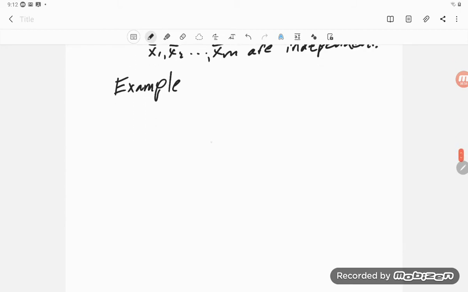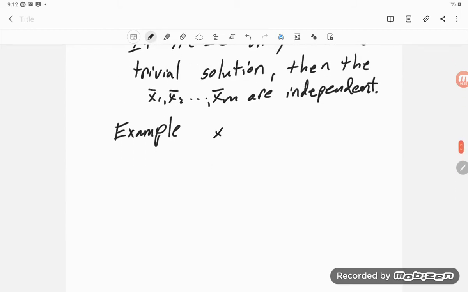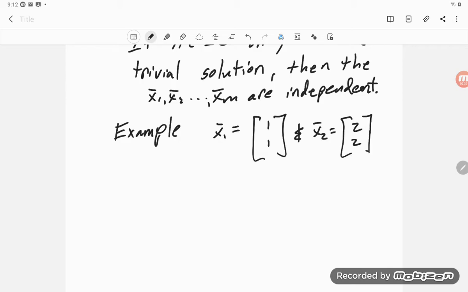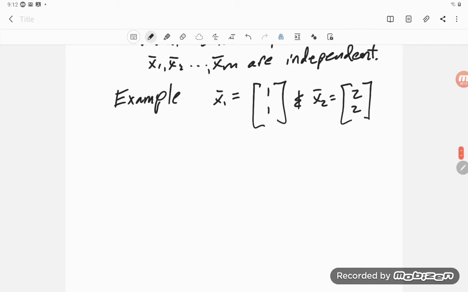If you take something like x1 equal to (1, 1) and x2 equal to (2, 2), then notice I could take -2 times x1 plus 1 times x2.